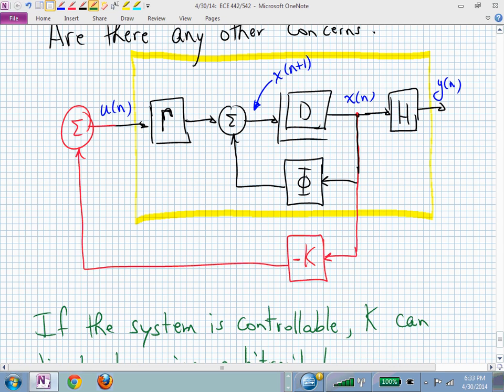Now, suppose this system was a car. We had a model of a vehicle, and now we wanted to drive it somewhere. Maybe this is the lateral dynamics of a vehicle. Could we go anywhere? How would we tell it to go to the right or go to the left?